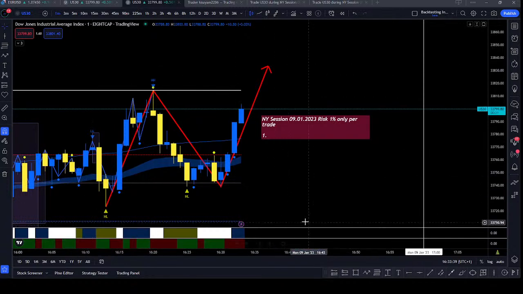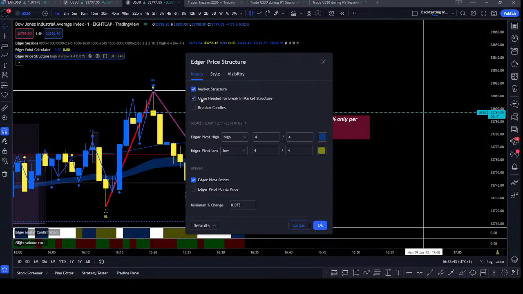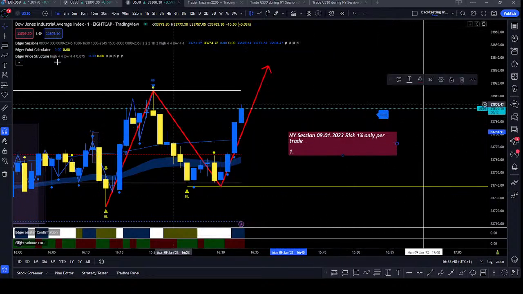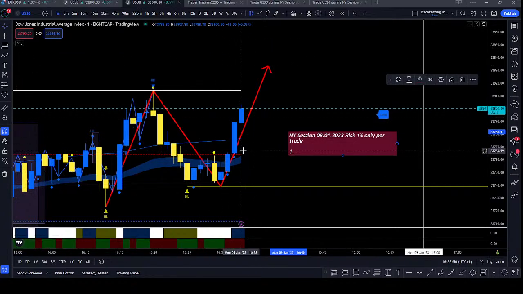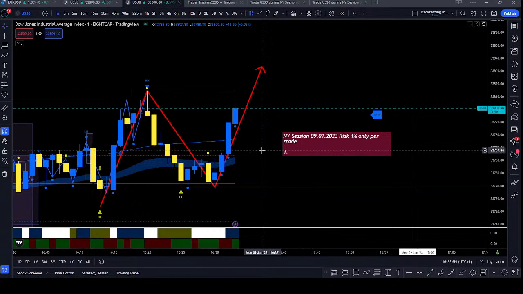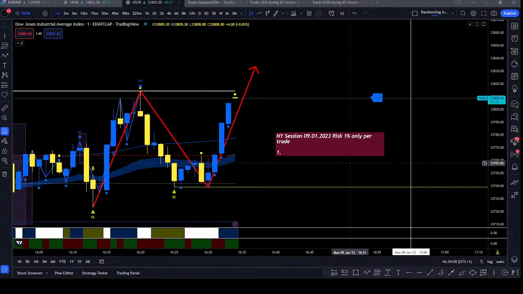So this is my confirmed first level because my structure is still not broken. The price is still bullish. You can see it here. The price is in favor of long entries. And if I get an entry over here, I will be looking for the entry. So the trades have been opened at 3 to 1, and I'm in the trade right now.